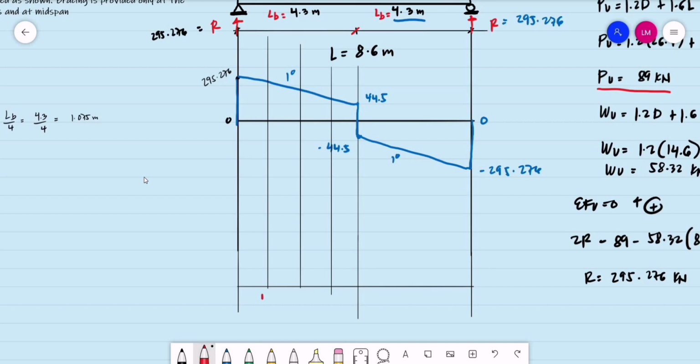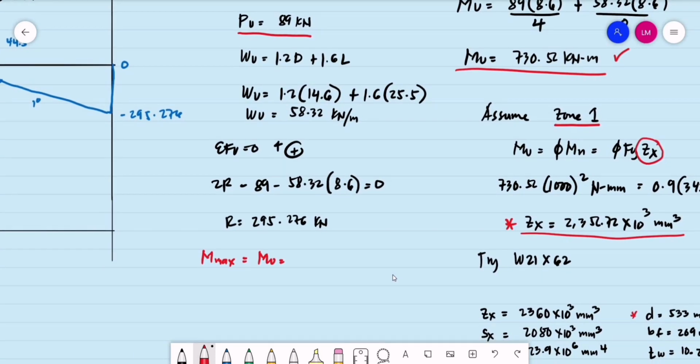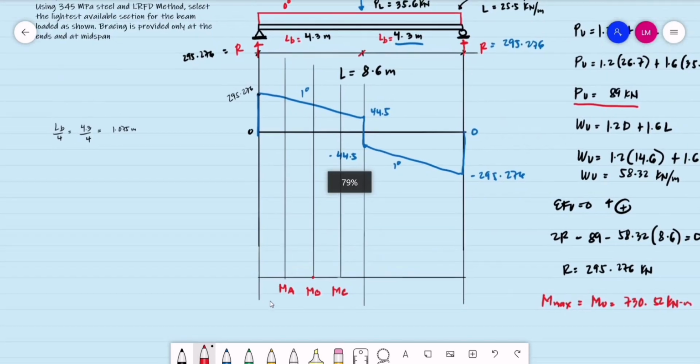Let's say this is the moment at A. At 1/2, this is the moment at B. Then at C, this is the moment at C. We already know the value of our M max, this is our MU, equal to 730.52 kilonewton meters. So all we have to do is determine the value of the MA, MB, then MC.